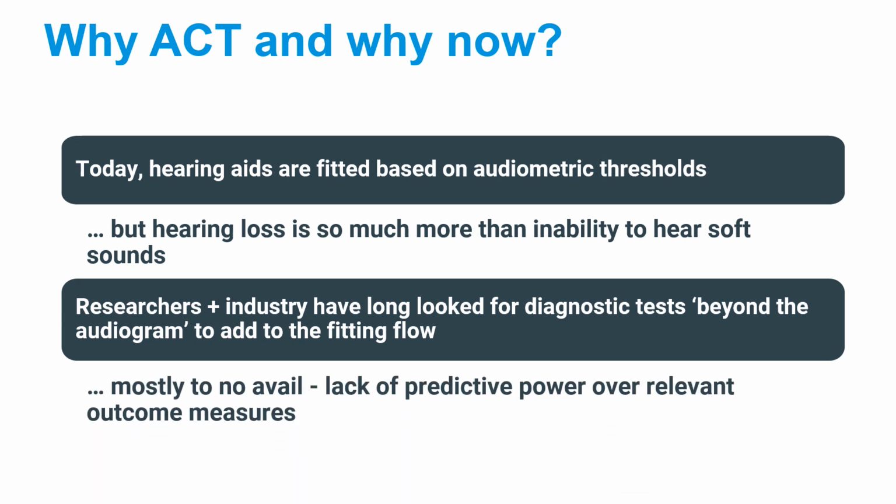But mostly they were not successful because the tests they were trying to develop lacked relevance and usefulness, because they could not predict the important aspects we really wanted to know, like one's ability to hear speech in noise.